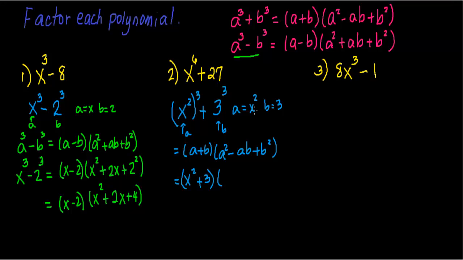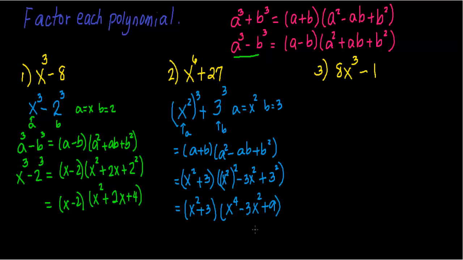Then A squared: we write x squared, but A is raised to the 2nd power, so I raise it to the 2nd power, minus A times B. A is x squared, B is 3, so that's 3x squared, plus B squared, and B is 3, so 3 squared. Now we simplify: x squared raised to the 2nd power is x to the 4th power, minus 3x squared, plus 9. And you're done.